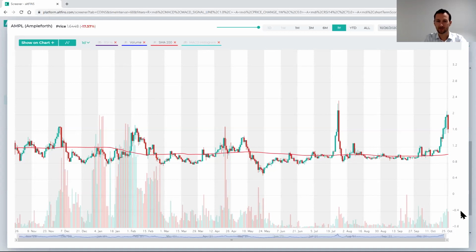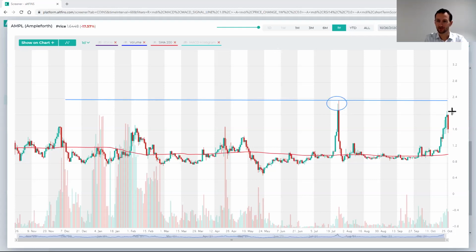But in any case, when we look at the big picture, we can see the resistance zone, right? Definitely this one, because this was the prior high. In fact, maybe even the all-time high.